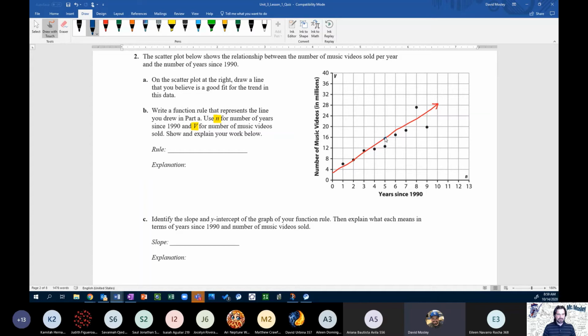Right? So I'm going to pick this point here because it's pretty close to a cross section. I'm going to use this point here. Right? This one is essentially at 5, 16. I'll say this one is at 2, 8.